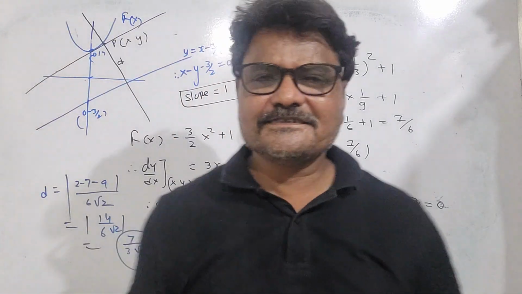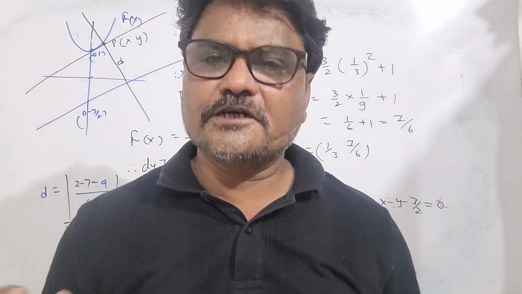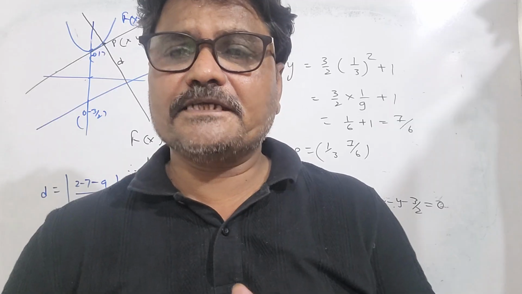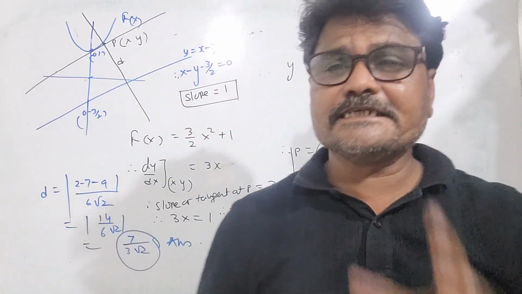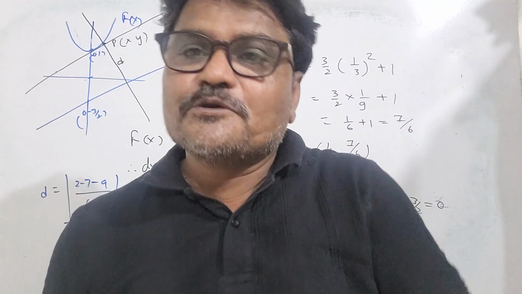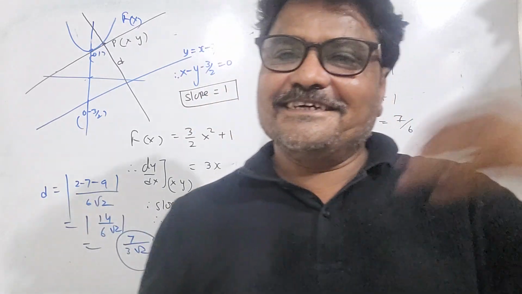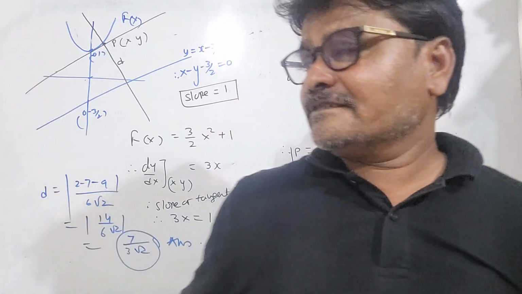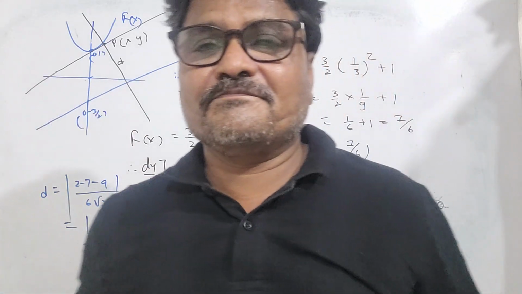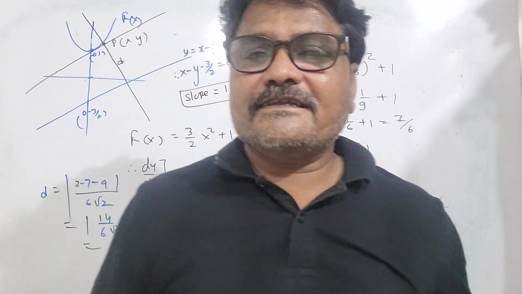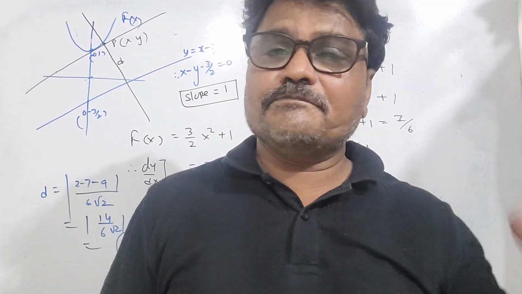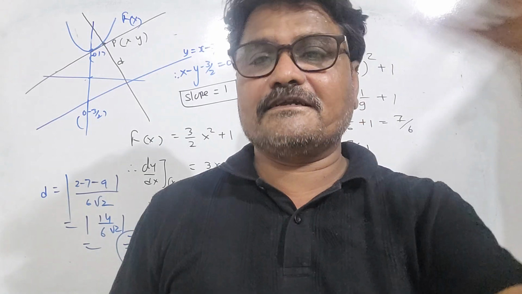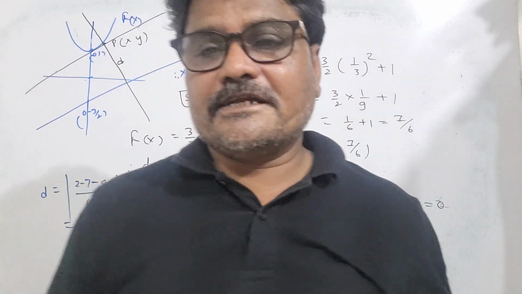So see, this concept, finding the distance between two curves, which always occurs along the common normal, is very, very common in JEE Mains level examinations. But the only thing is that here we have to determine both the curves in advance. In Mains level, both the curves are given. One curve is a straight line, another curve is a quadratic. But here, from the given situation, I cannot say that one curve is a straight line and the other is a quadratic.